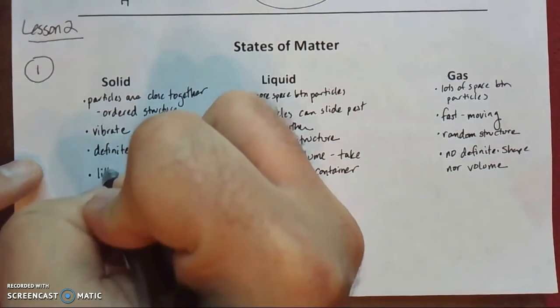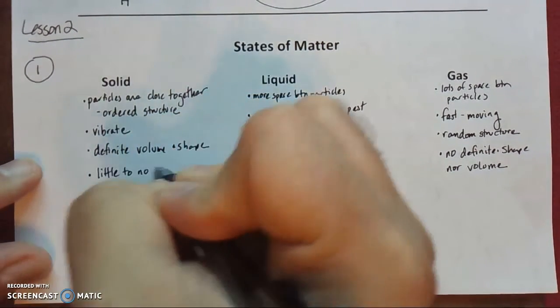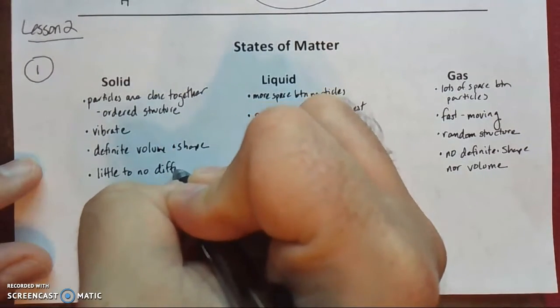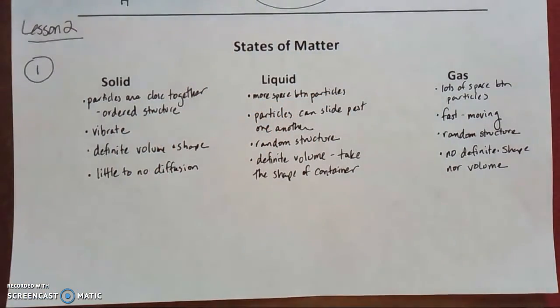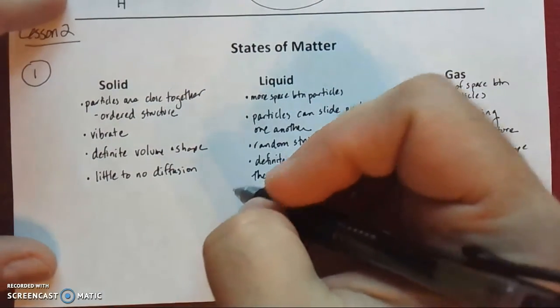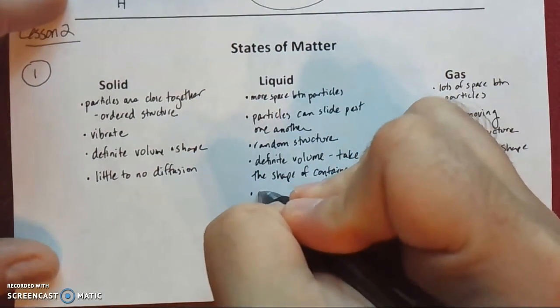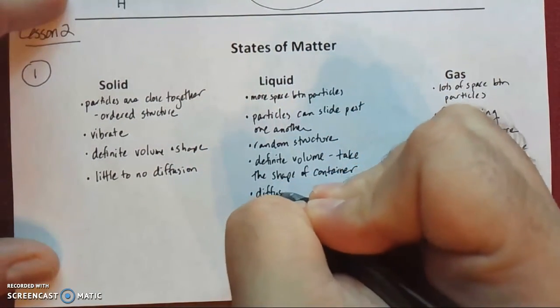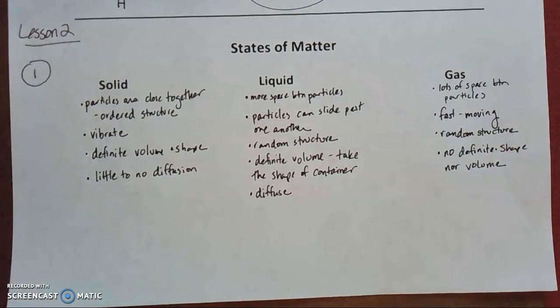Solids have little to no diffusion. If you put two solid pieces of substance together, they really don't diffuse into one another. You might get a couple atoms or molecules right at the surface, but that's about it. Liquids can diffuse. We know that if we put something in water, it can spread out in the liquid.